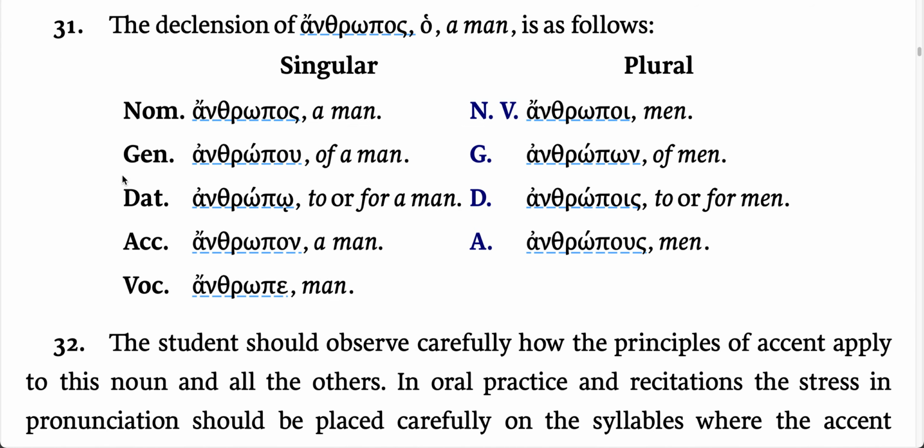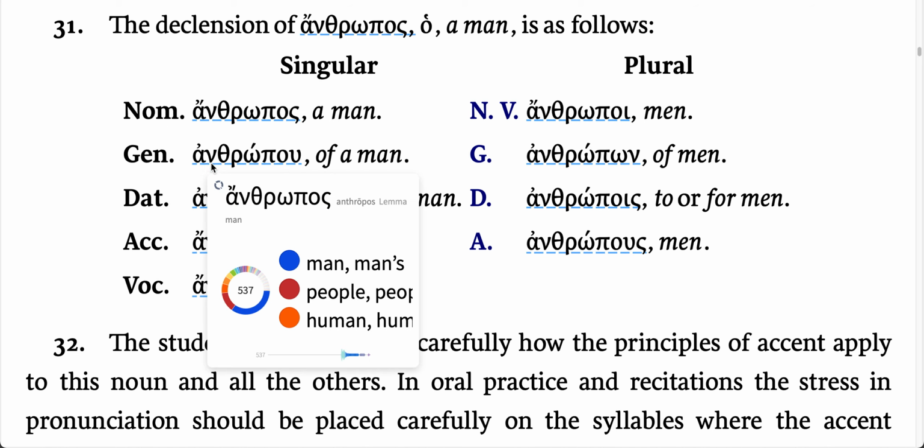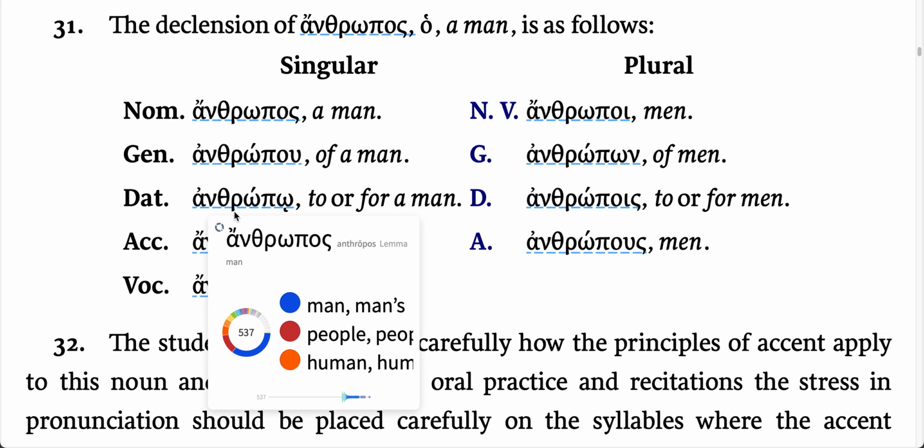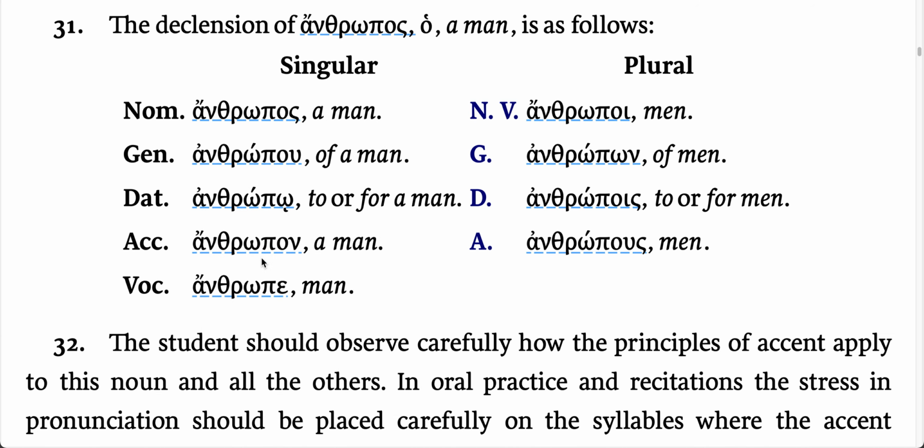Notice, in every form here, this is nominative singular, genitive singular, dative singular, accusative singular, vocative singular. What you have here is always the alpha, nu, theta, rho, omega, pi. You always have that stem. What changes is the endings.